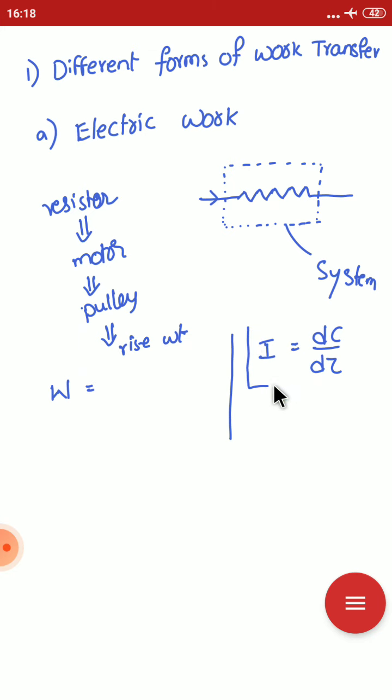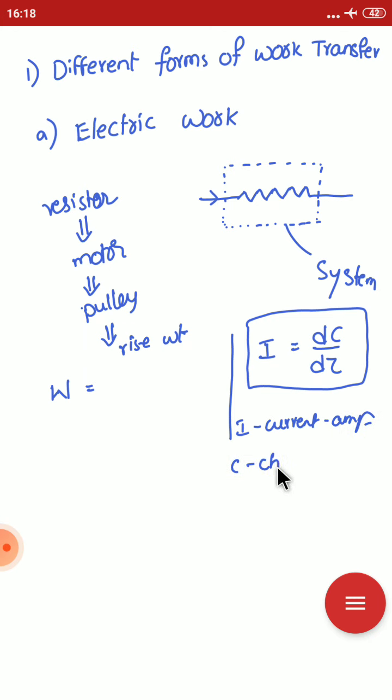This is an important relation which is very useful, where I is the current in amperes, C is the charge in coulombs, and tau is the time in seconds.